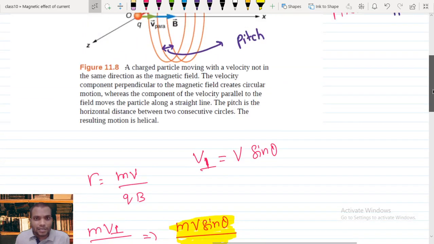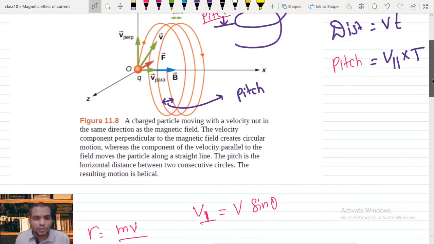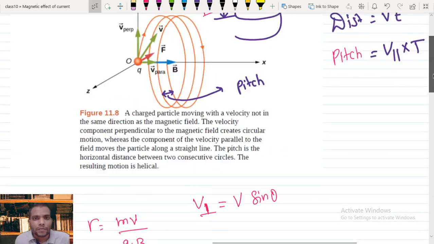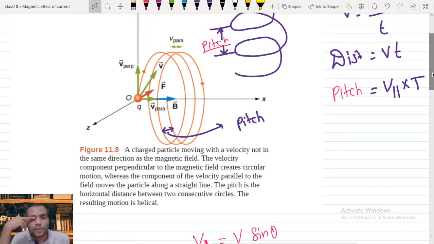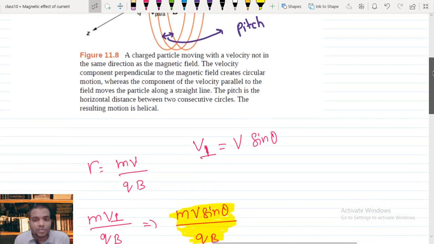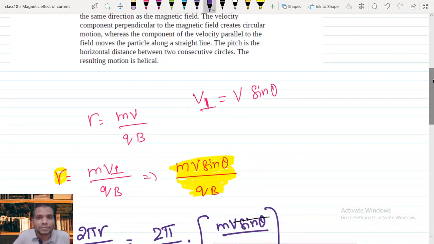Now in this special case we have two different things. Since the velocity of the charged particle in a uniform magnetic field makes an angle, that causes the resolution of the velocity into perpendicular and parallel components.